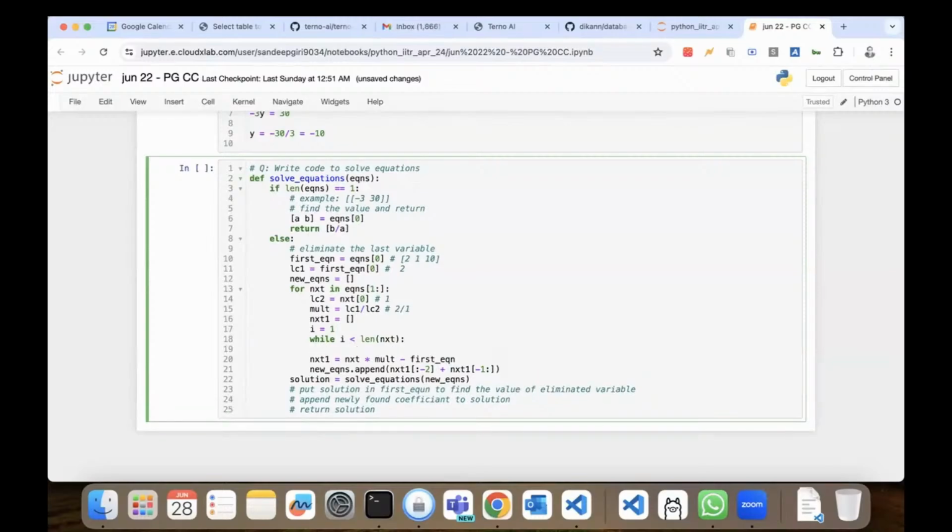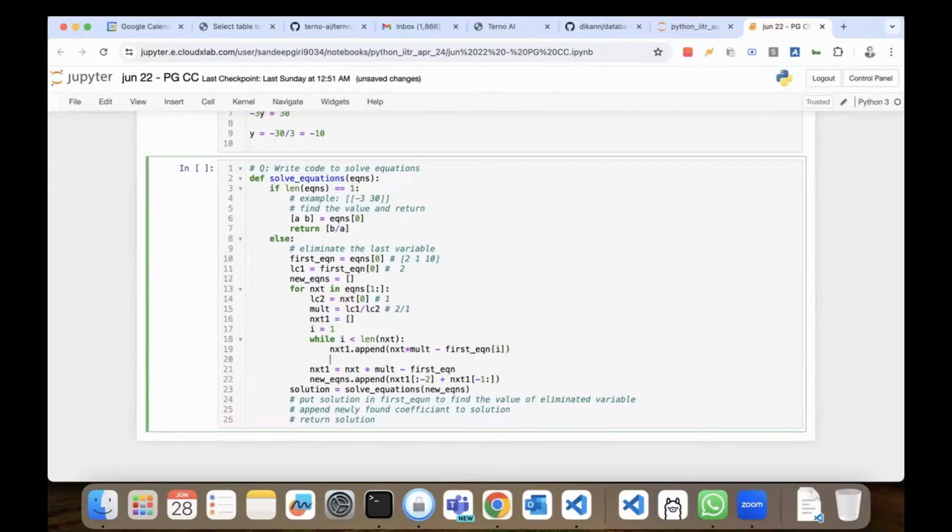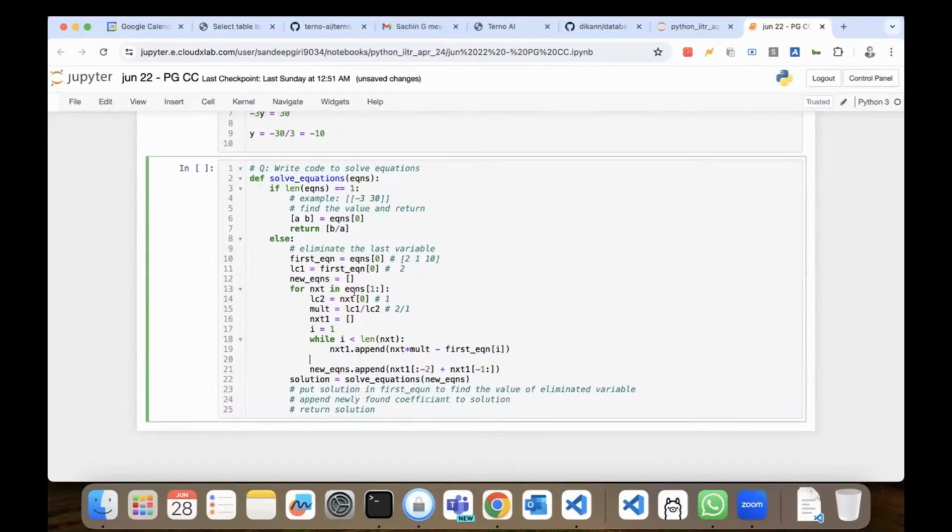We will keep on increasing i, and we will say the new next one append next multiplied with mult minus the first equation, and i. So that gives us the new equation, right? And what we got to do, we will just append this to new equations.